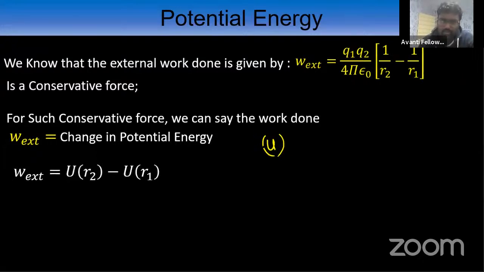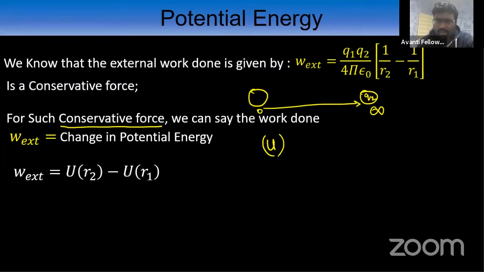The external work done for a conservative force is always given as the change in potential energy. What is the change in potential energy? When my charge was at infinity, it had some potential energy with respect to origin.